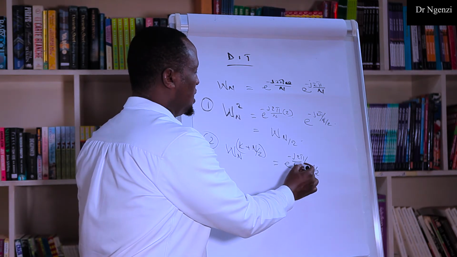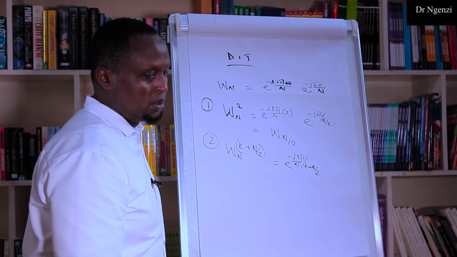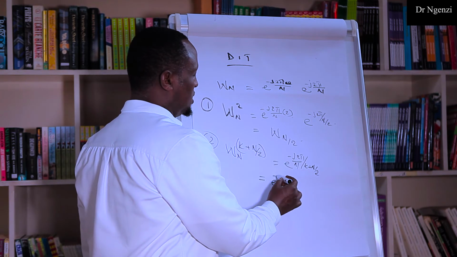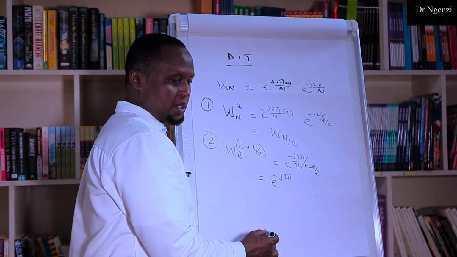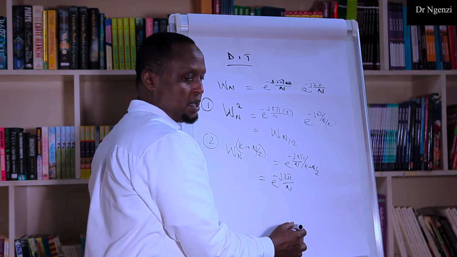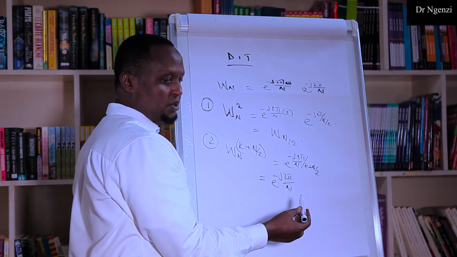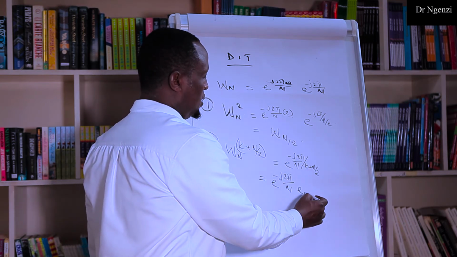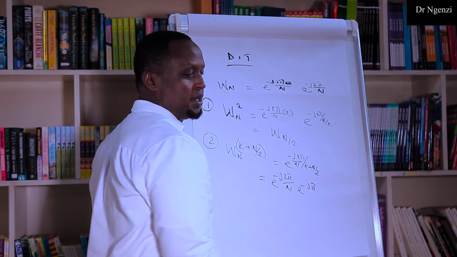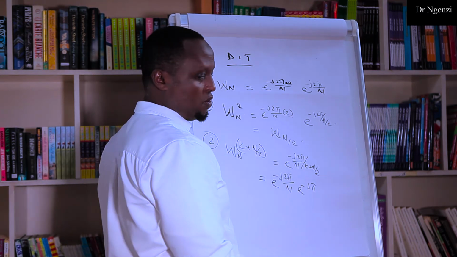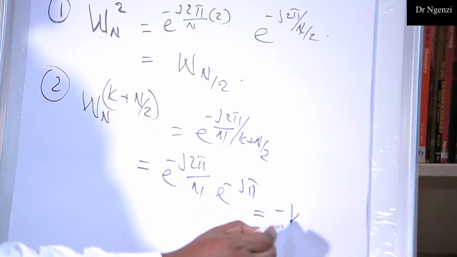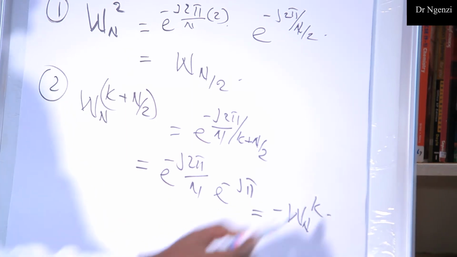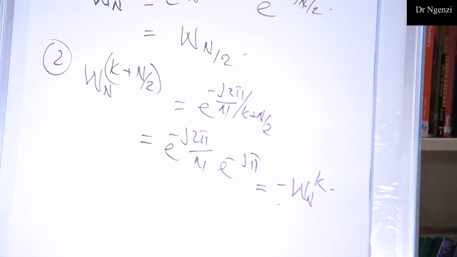But remember, there is another N in this case. This can bring out, for example, e to the power j pi. These are the very common relationships in terms of the shift theorem, if you can recall where we wrote this into k on this side.